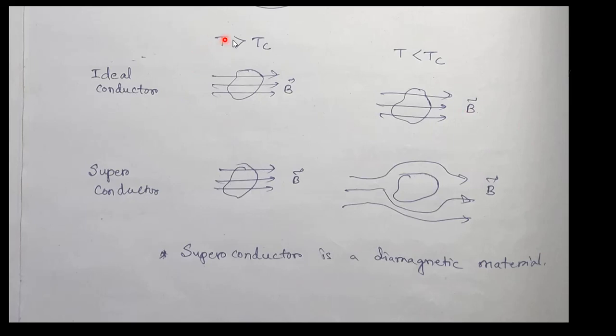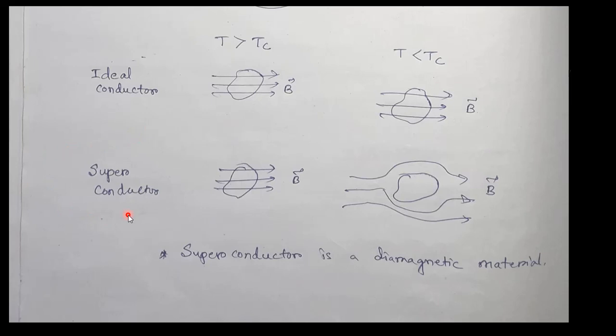That means above the critical temperature and below the critical temperature, the magnetic field passing through the material is the same. But in the case of the superconductor, you can see that below the critical temperature, the magnetic lines of force cannot pass through the material; they pass outside the material. Okay, so it behaves like a diamagnet. So this is the difference between an ideal conductor and a superconductor.